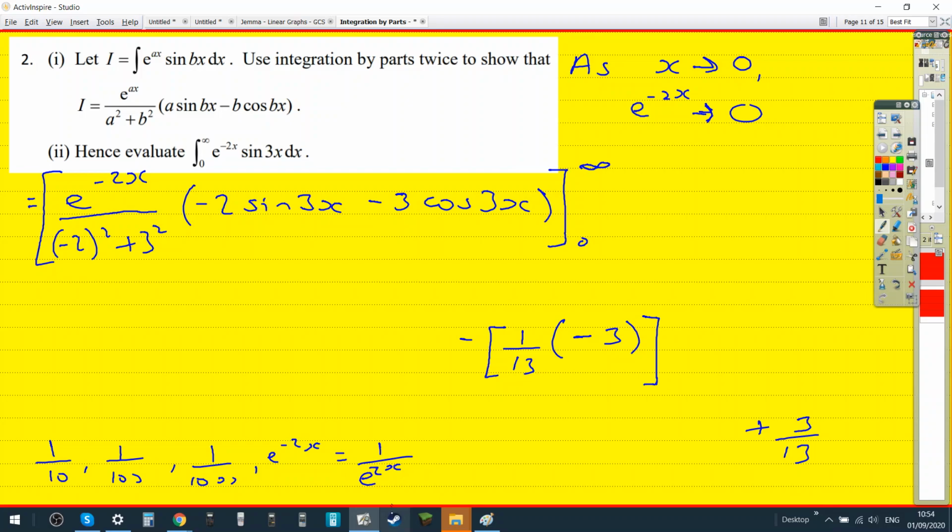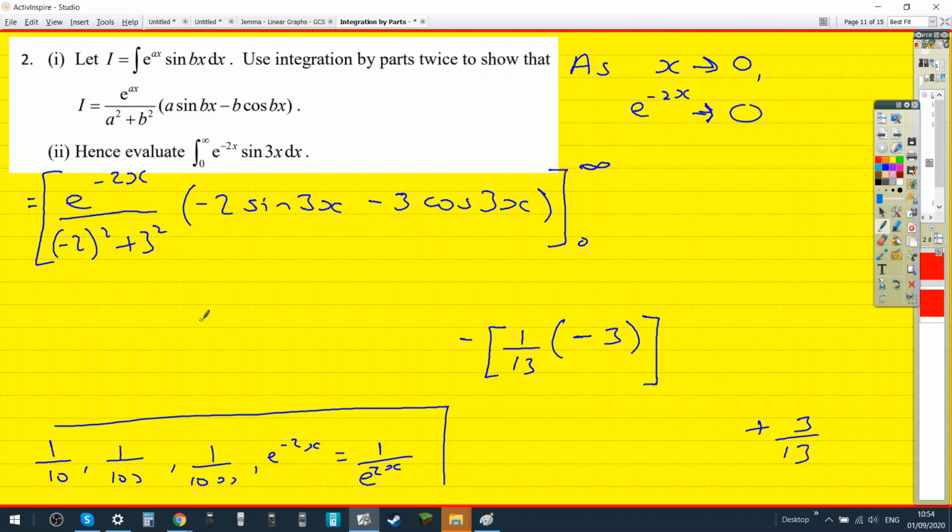Oh, so you're saying as the denominator gets bigger and bigger, it just tends to 0. Yeah, the bigger the denominator, the closer it gets to 0. Okay, so that bit will tend to 0. So we will have what for the first bit?